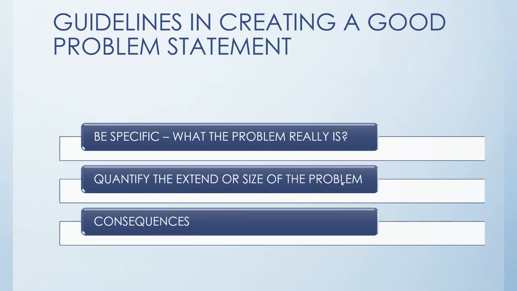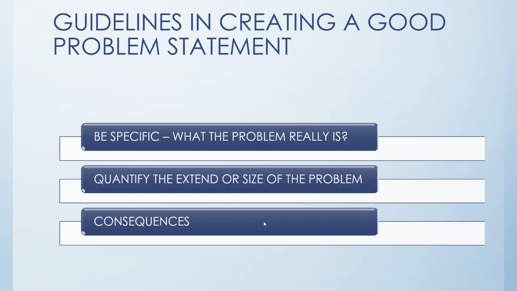And then mesti kena ada consequences. Maksudnya kalau problem tu not being solved, what are the consequences? Kalau kita tak kenal pasti masalah diabetik ni, apa faktor-faktor yang menyebabkan diabetik ni? So what are the consequences? Kalau masalah diabetik ni sentiasa berlaku, what are the consequences?